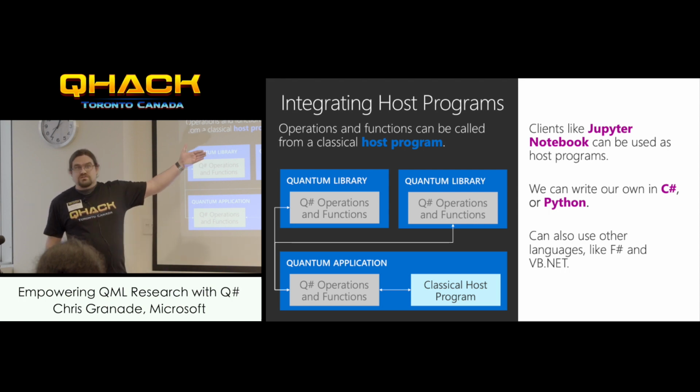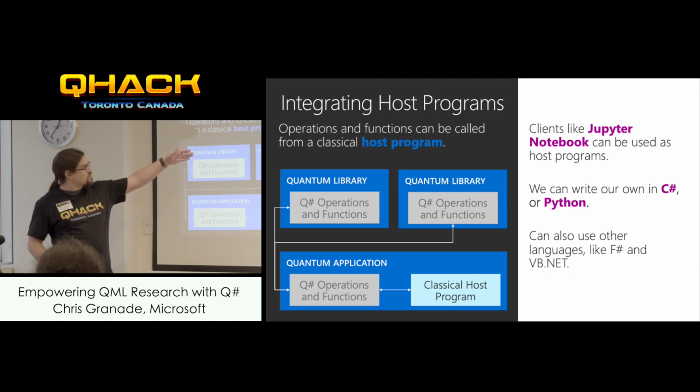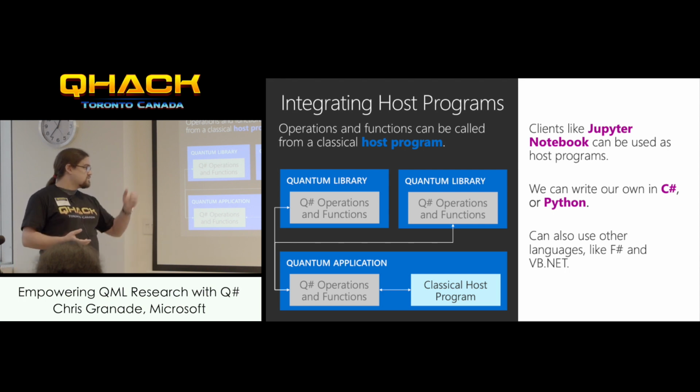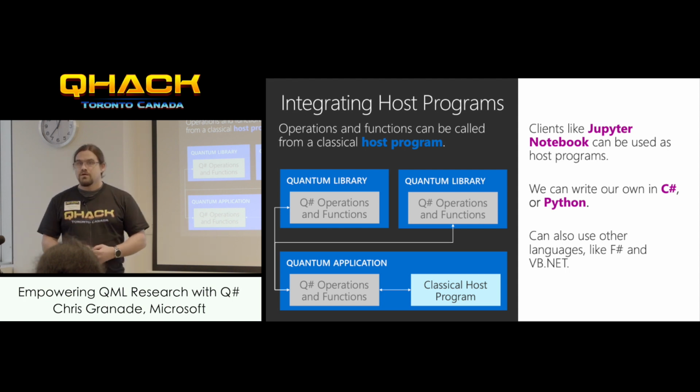You can use things like Jupyter Notebook to run your Q# programs. You can write your own host programs in C# or in Python and shuttle your Q# programs across to your target machine. You can also use other languages. Some people have used F#, even VB.NET. So there's a range of different classical languages you can use as a host for your Q# programs.